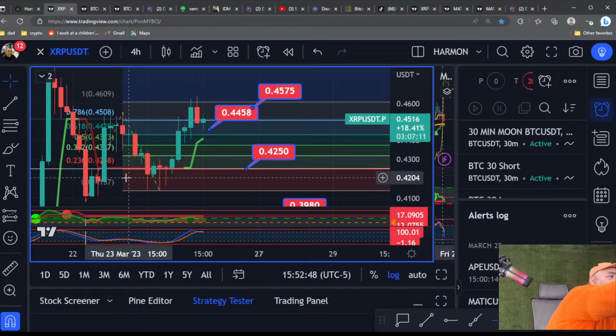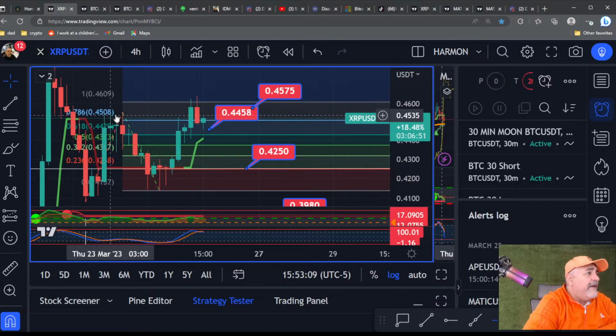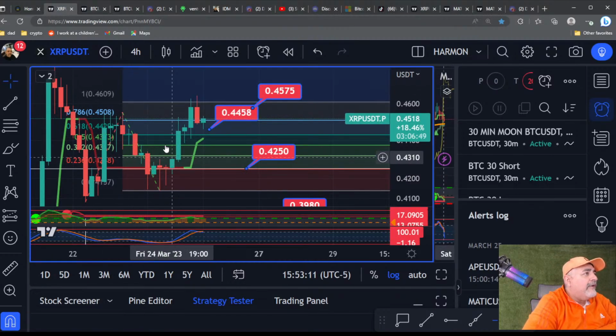Remember, guys, it looks like it's going to go back down to 42. But listen to what I'm saying: your Fibonacci's are on the upside right now. As soon as the Fibonacci's reverse, we are shorting XRP. Very simple, okay, guys?